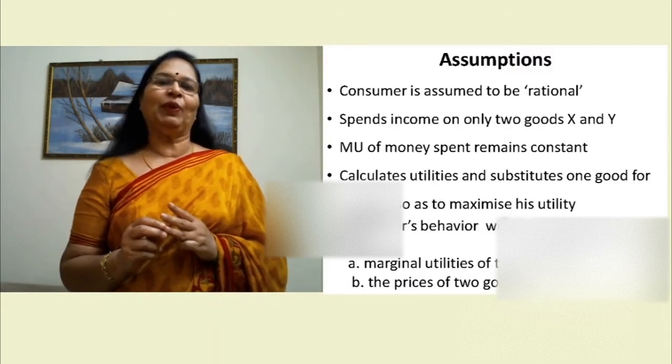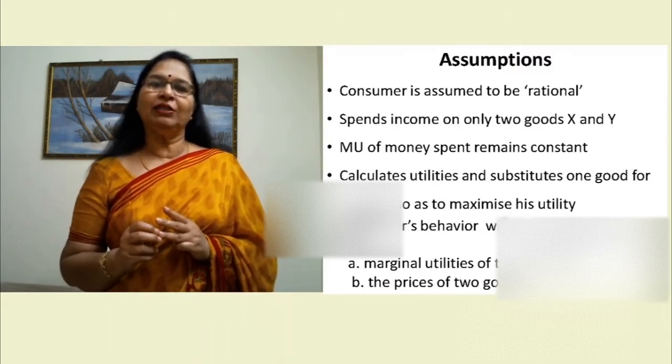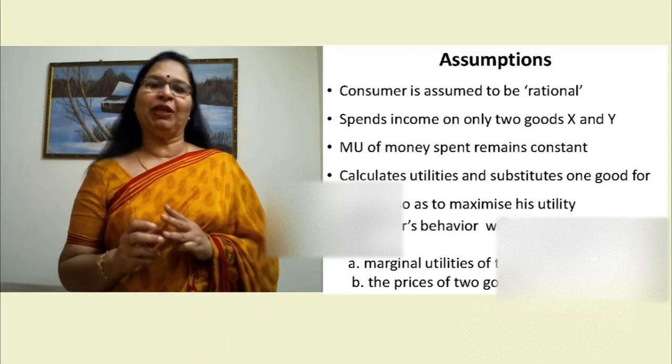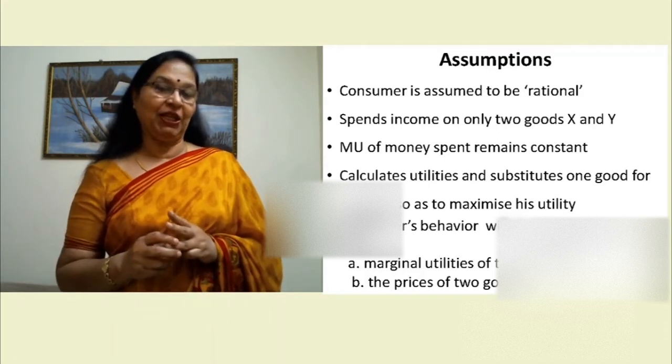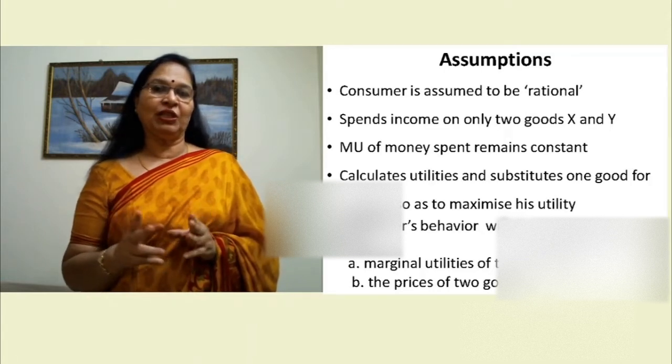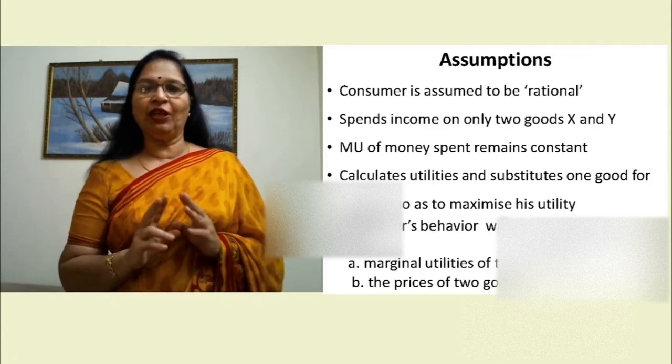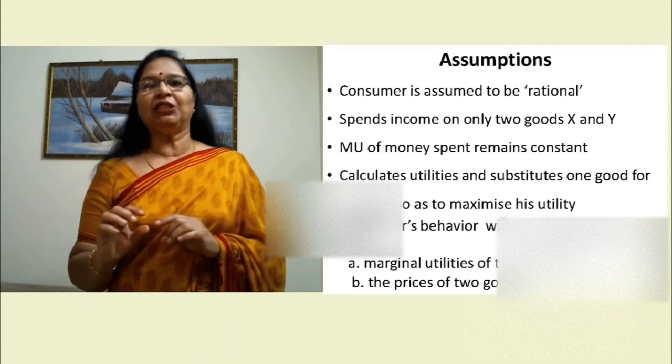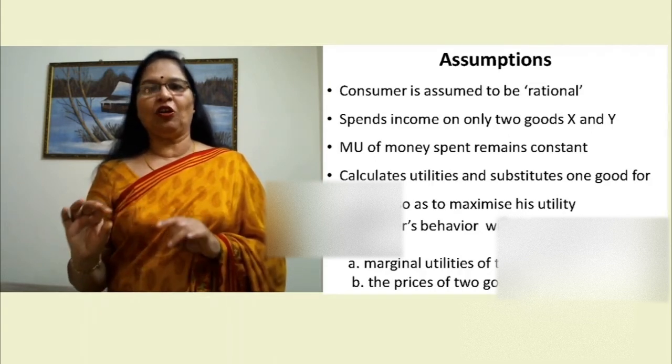And third, we assume here that the marginal utility of money remains constant. What does that mean? It means that when the stock of money increases, the utility normally should come down, but we are here assuming that the marginal utility of money remains constant.